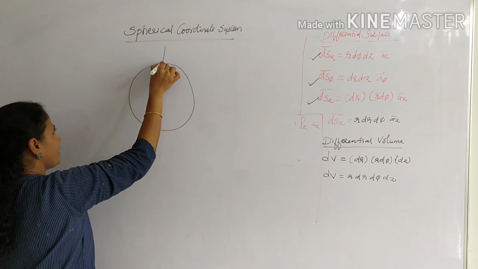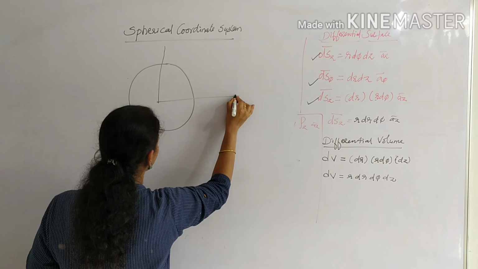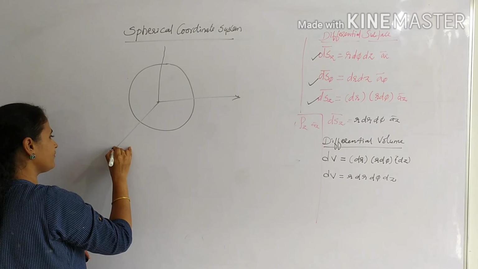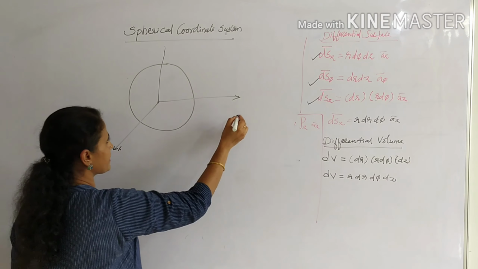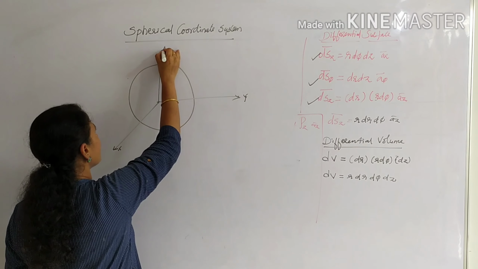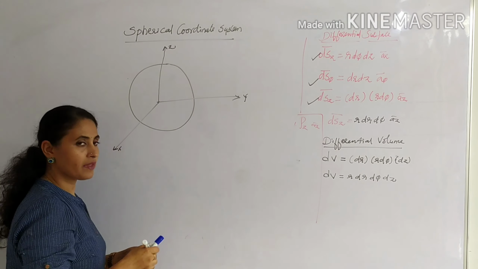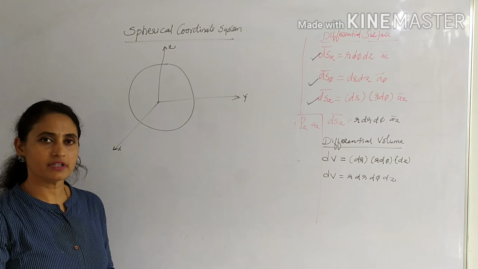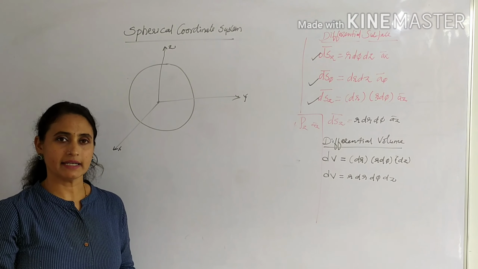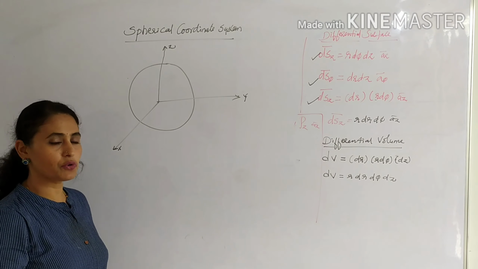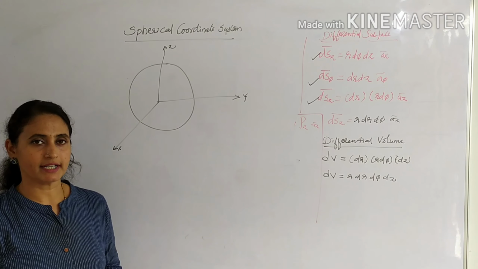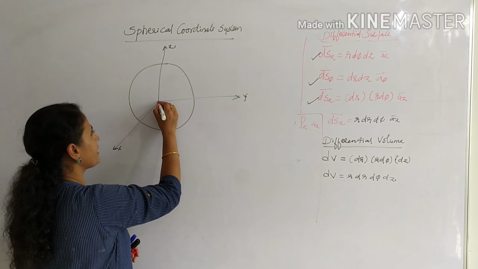The coordinates of the spherical coordinate system are again measured with respect to the Cartesian coordinate system, x, y and z. As we found the coordinates in the Cartesian and cylindrical coordinate systems, let us find the coordinates in the spherical coordinate system.